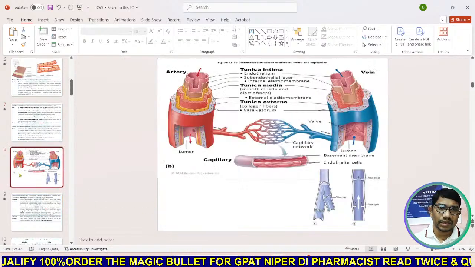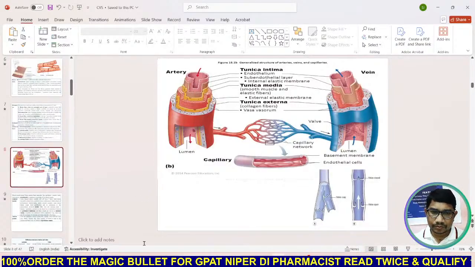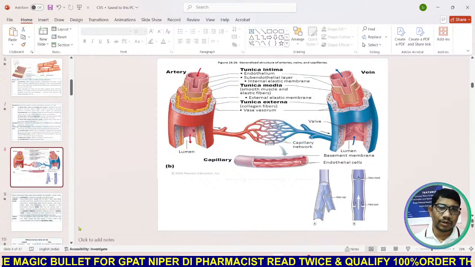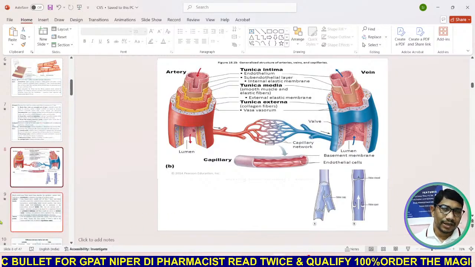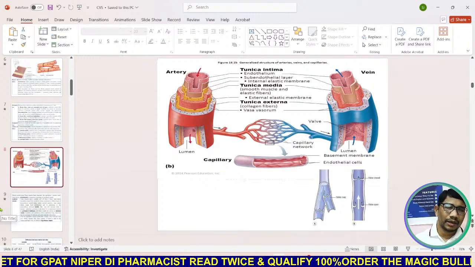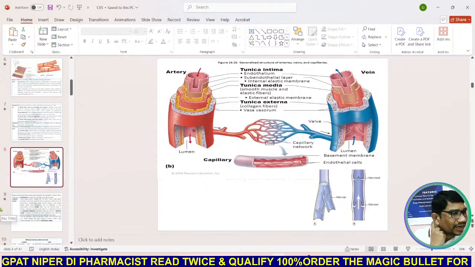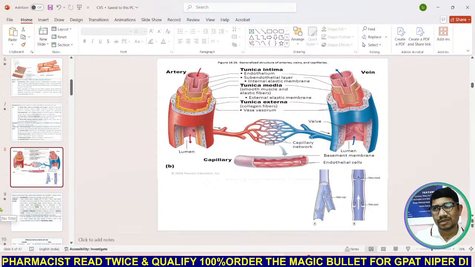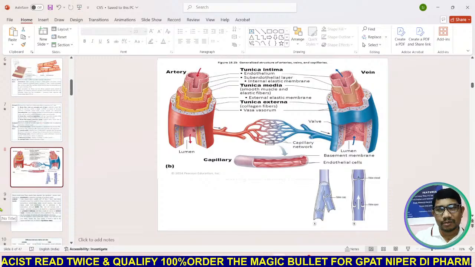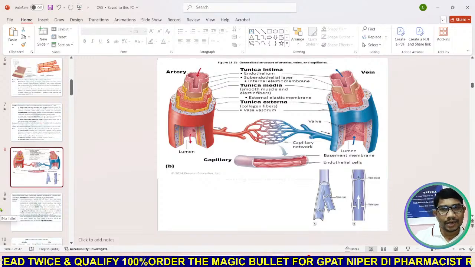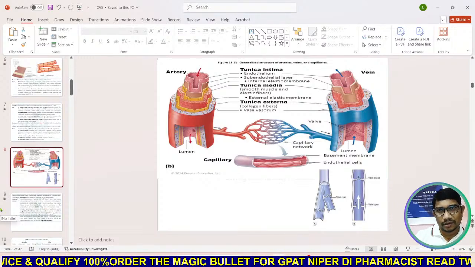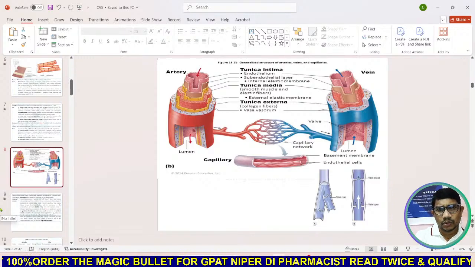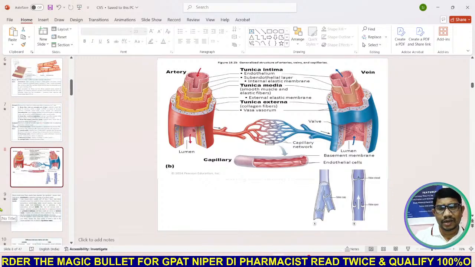After that we have seen the blood vessels, and the layers of the blood vessel, as in the cardiovascular system. Like the layers of the heart, pericardium, myocardium and endocardium, pericardium means the outermost fibrous layer, myocardium the middle muscular layer, and endocardium the inner smooth layer. Likewise, your blood vessel also has 3 layers: tunica externa, tunica media, tunica intima.